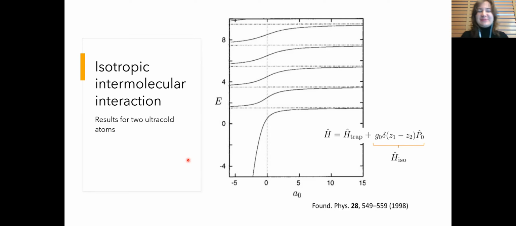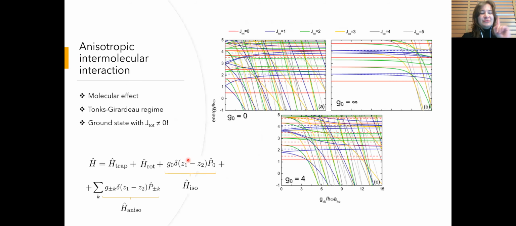I made this mistake once, so I won't go through energy spectra, because in the molecule case it's very much like modern art. But I will just show you one set of energy spectra, because I really want to show you the impact of the anisotropic intermolecular interaction. So this is the part that Professor Żurzewski was asking about.